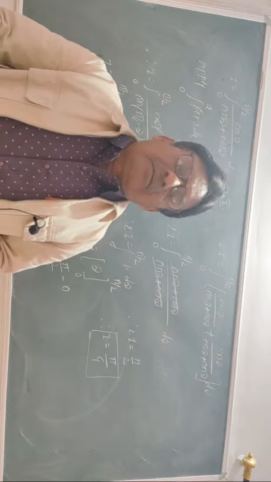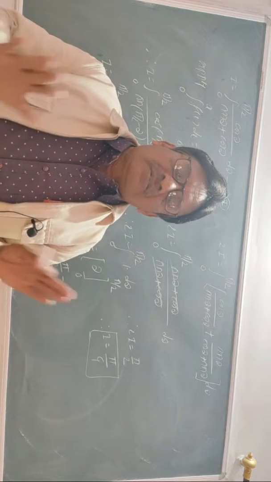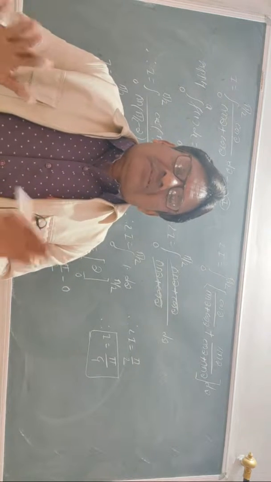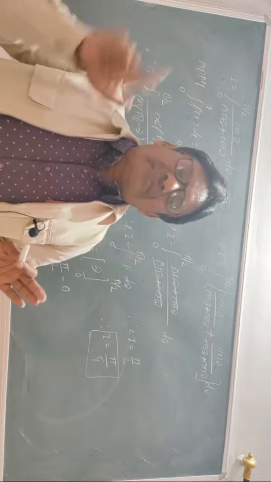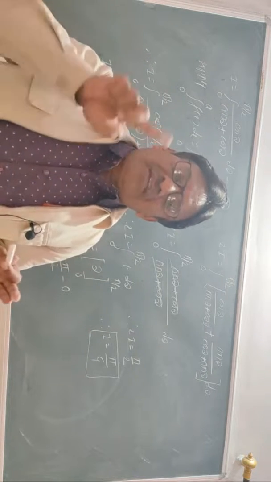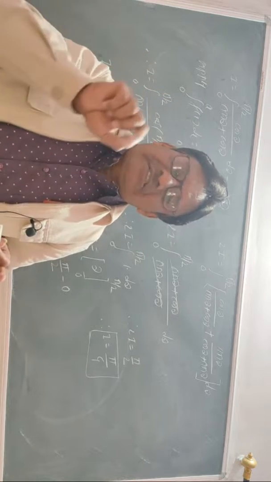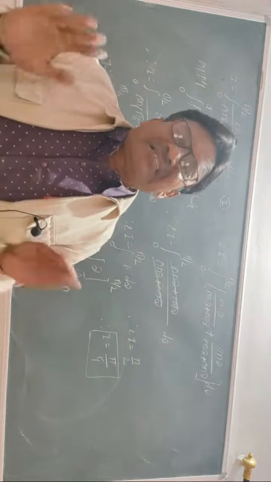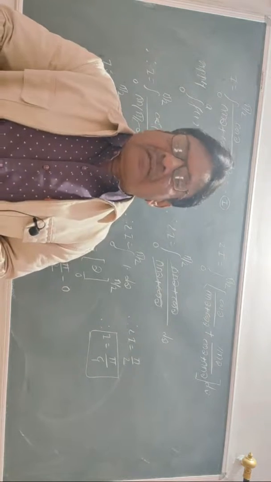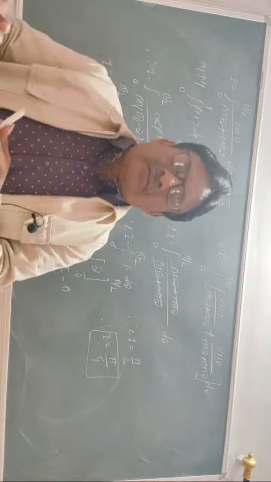In this problem, first we use the substitution method, because the expression is under root a square minus x square. If the expression under root a square minus x square is present, then we put x equal to a sin theta, and then we change the limits.